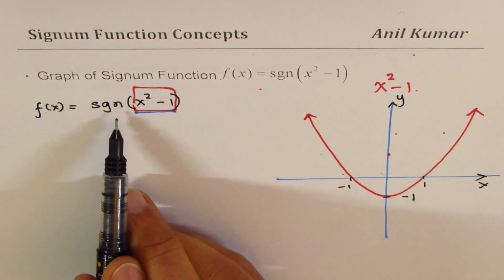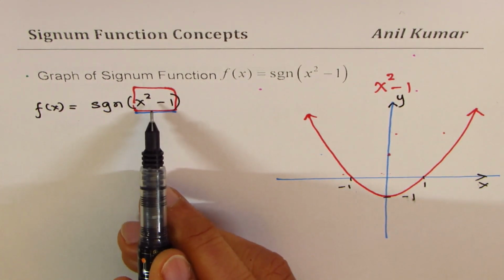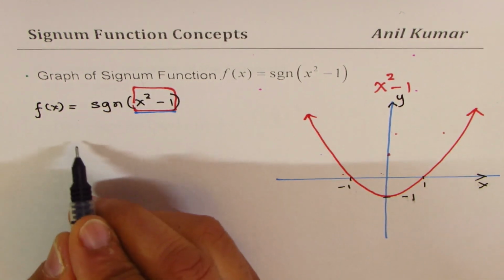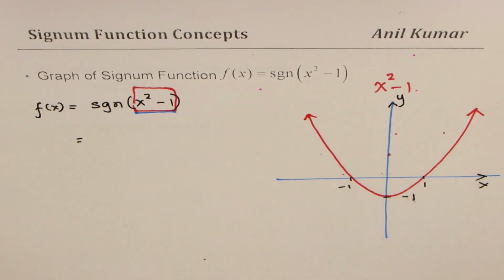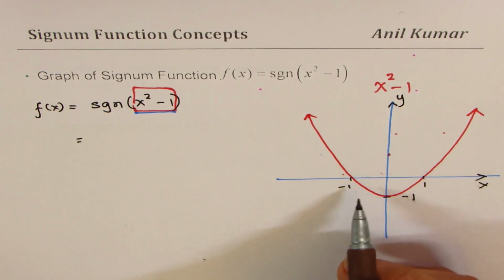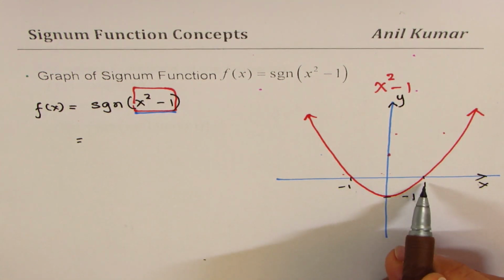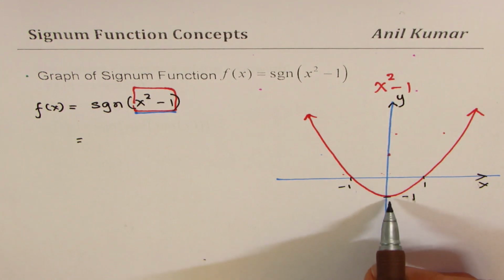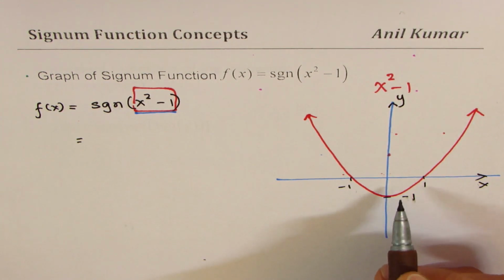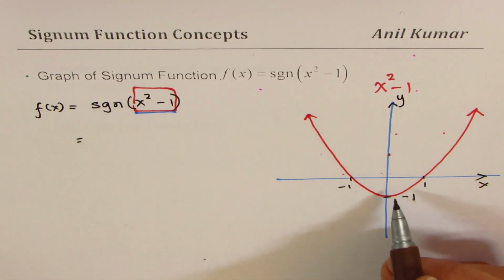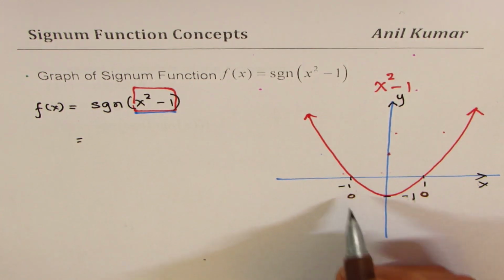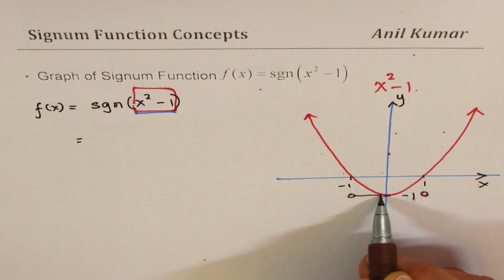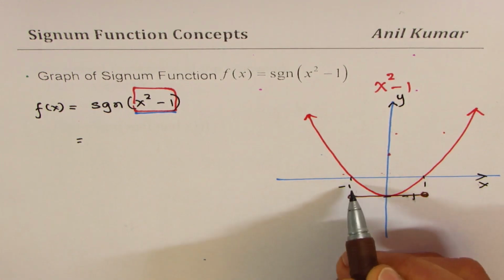Signum function, as you know, literally tells you the sign. So you can see from here that during this interval, which is from minus 1 to 1, the value is negative, and therefore the signum function should be minus 1. So let me sketch this using this particular ink. So we'll say here it is minus 1.